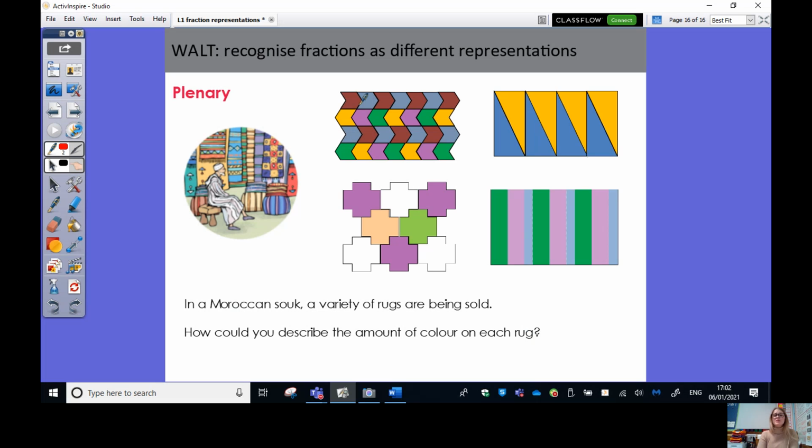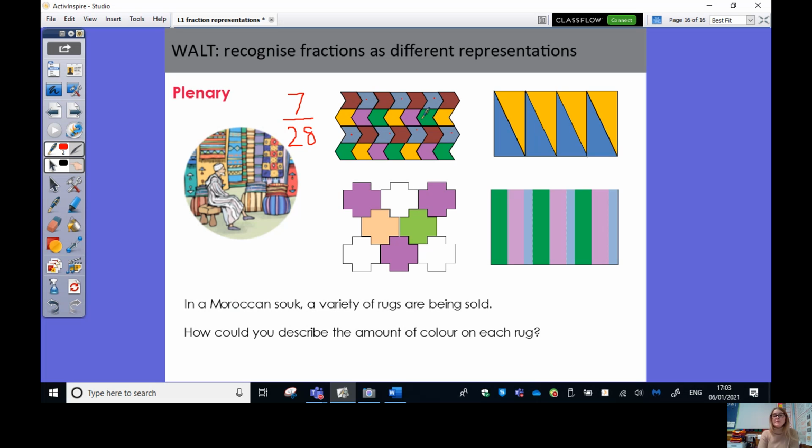So if I was to start doing that, I may need to work out obviously how many parts there are to each rug because they've got quite intricate patterns and nice little shapes on them. So 1, 2, 3, 4, 5, 6, 7. 7, 14, 21, 28. So there are 28 parts altogether. So I could then begin to describe each colour. I could say there are 1, 2, 3, 4, 5, 6, 7.